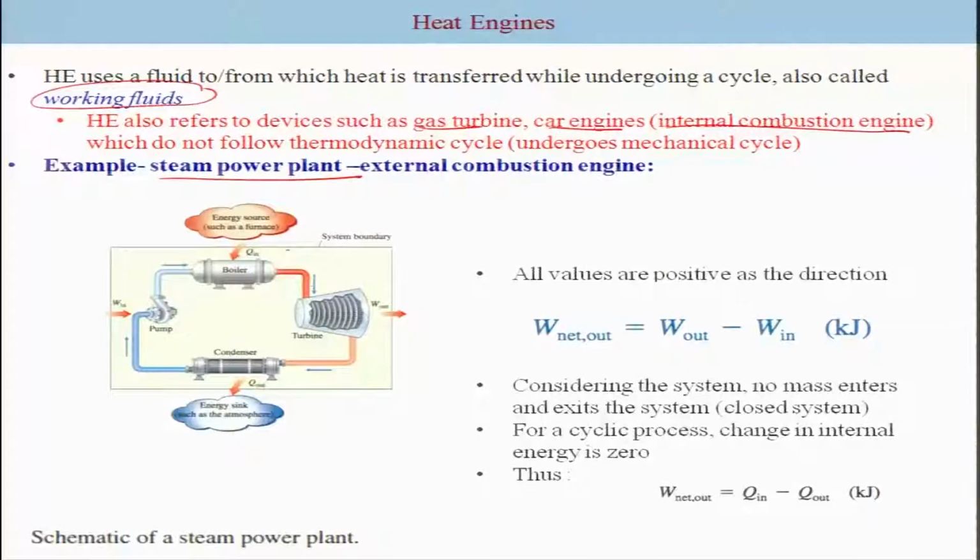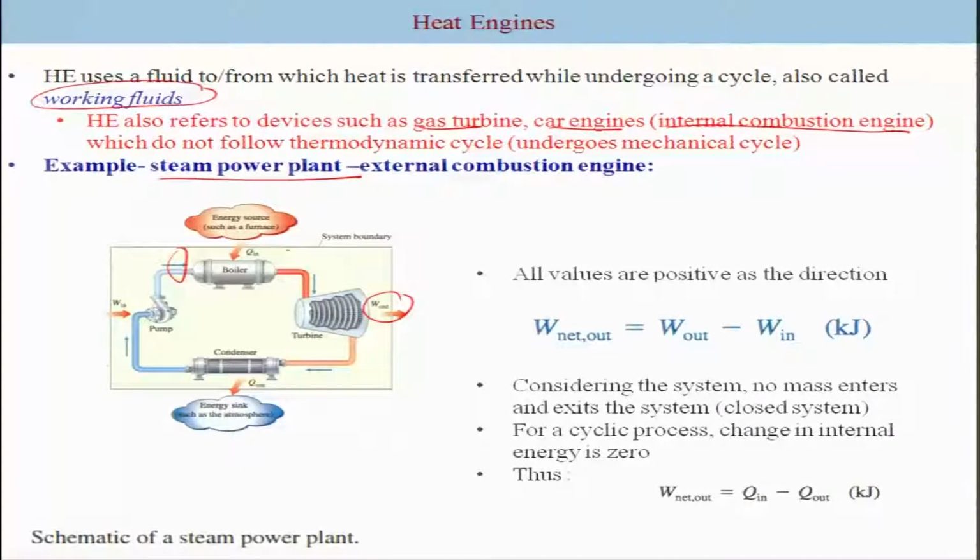Because of the expansion it rotates the shaft, getting the work out. At low pressure it rejects heat, the vapor gets condensed to liquid, gets pumped back to the pressure of the boiler, and this continues in a cycle.